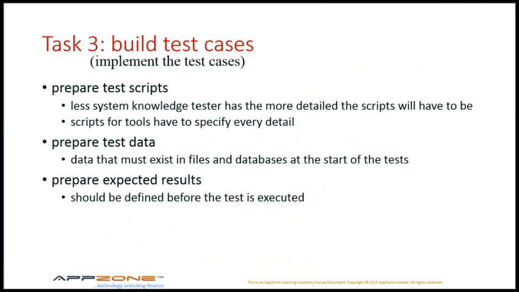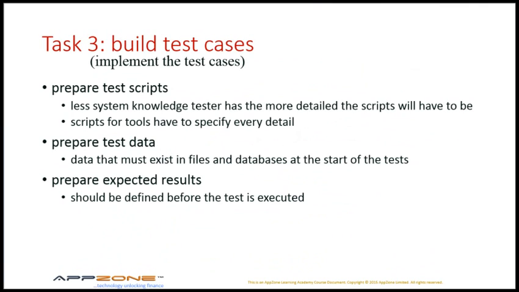In building your test, you prepare the test scripts. A tester with less system knowledge needs more detailed scripts, and scripts for tools have to specify every detail. Then you prepare the test data, the data that must exist in files and databases at the start of each test. Again, you prepare the expected result.